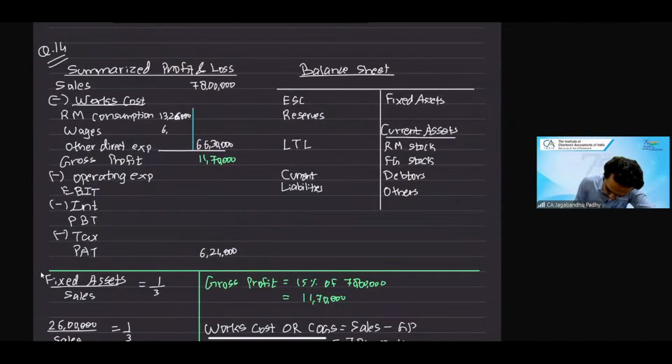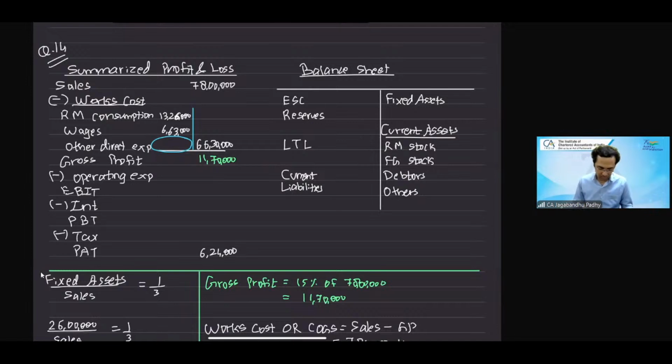So 6,63,000 is the amount of wages. Can you tell me what will be the other direct expenses? Of course, the balancing figure.